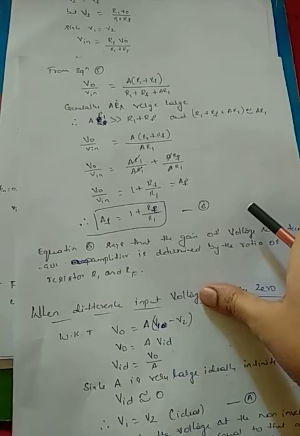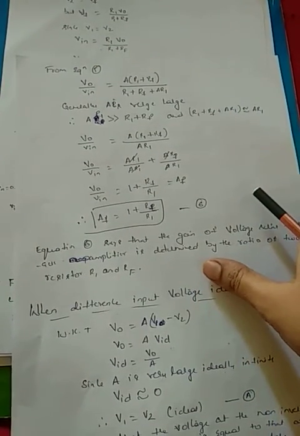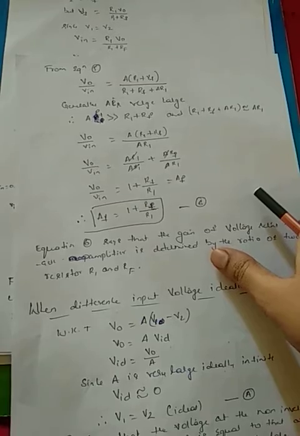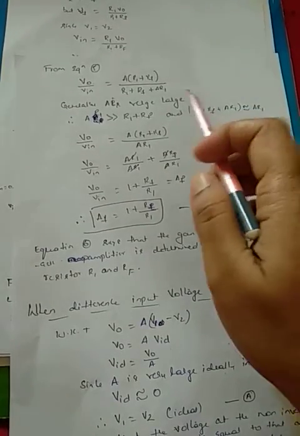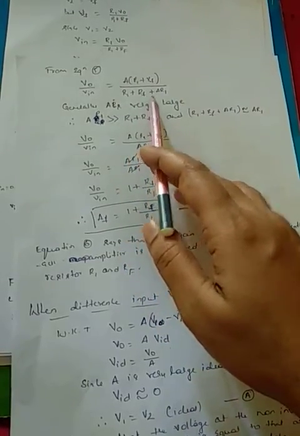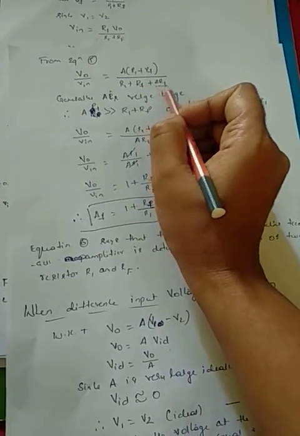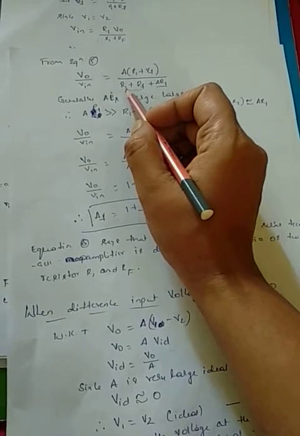Now since the open loop gain A of the op amp is very large, A R1 is very much greater than R1 plus Rf. So this term is very much greater than these two terms, such that we can neglect these two terms.